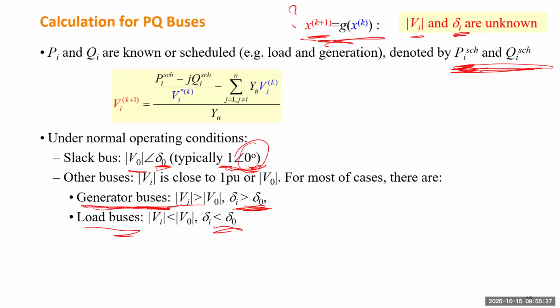For the load buses, which are the PQ buses, we need to know the initial estimate. So we can take the angle slightly negative, okay, and the voltage slightly lower than 1. That's up to you.